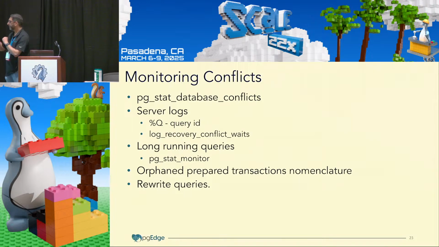You can also log recovery conflict waits and see whether they're going beyond deadlock timeout, to see whether it's waiting more than it should have for acquiring those locks. That's another way of looking into whether you can possibly avoid this or identify a pattern with these. Long-running queries, or often prepared transactions, can hold back these locks for a longer duration.